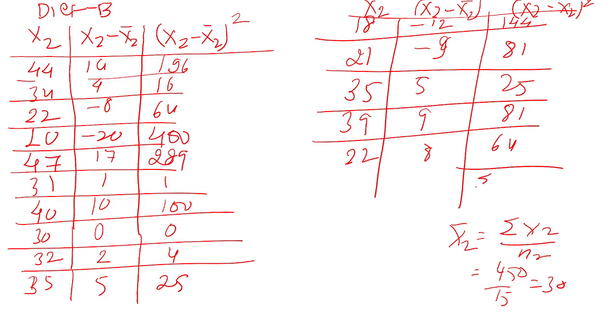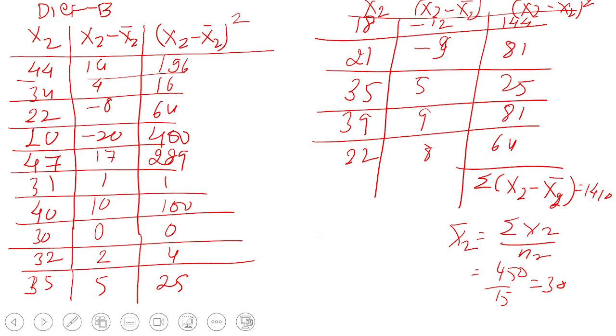So the summation of x2 minus x2 bar square came around 1410. Okay. So I think till here it's clear? Yes, sir. It's just a calculation actually.